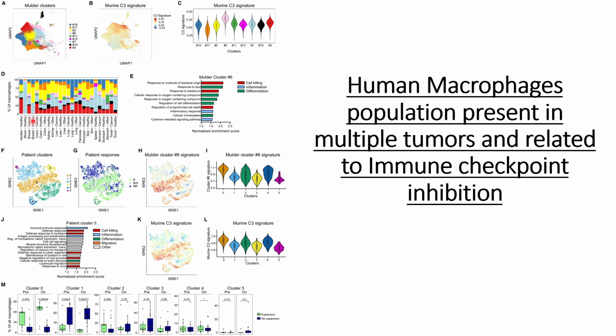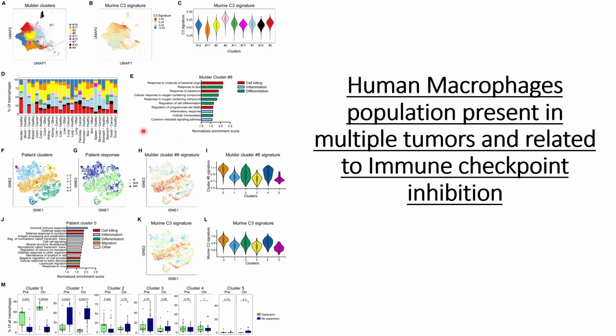And these are anti-tumorigenic or pro-inflammatory macrophages. Thereafter they also did a GSEA analysis to find out the pathways that are upregulated in this Mulder cluster 6, and they can see that the cell killing pathways and differentiation are more upregulated compared to the other regular pathways, that is cellular homeostasis.